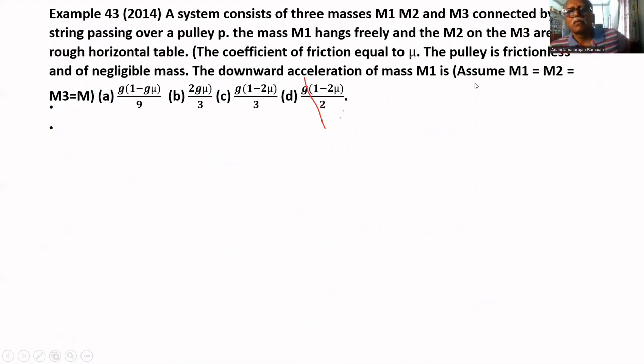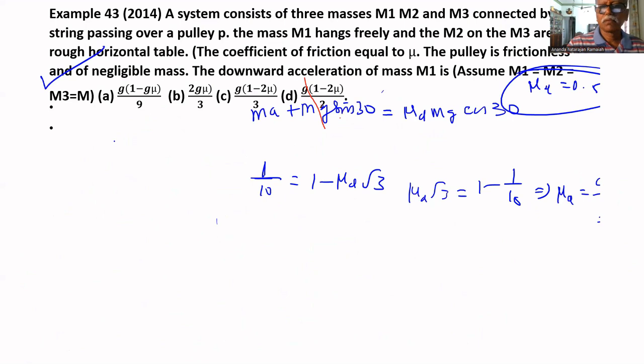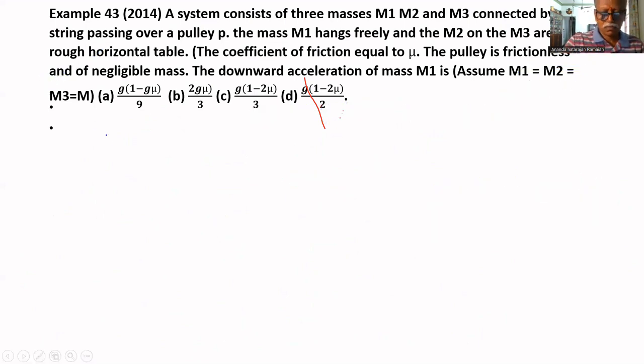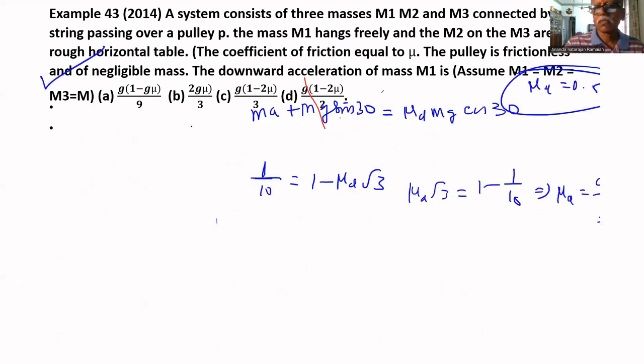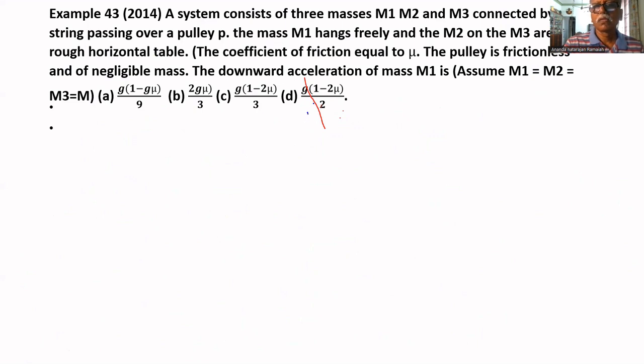A system consists of three masses, M1, M2, M3 connected by a string passing over a pulley P, as shown in figure, in the horizontal table.